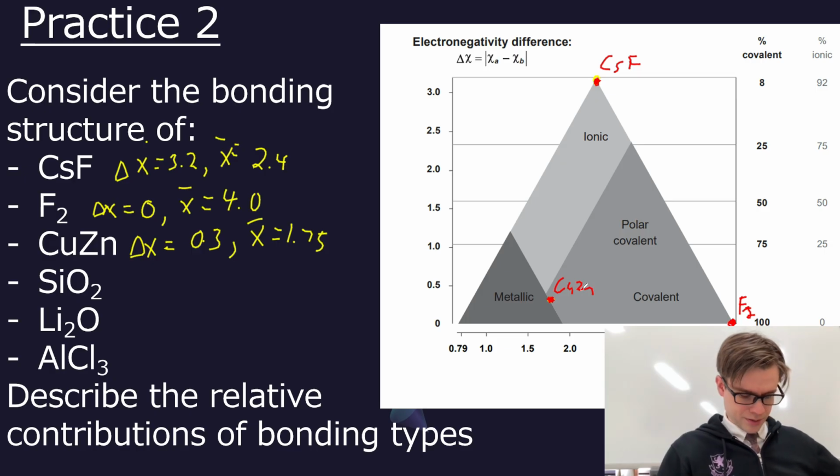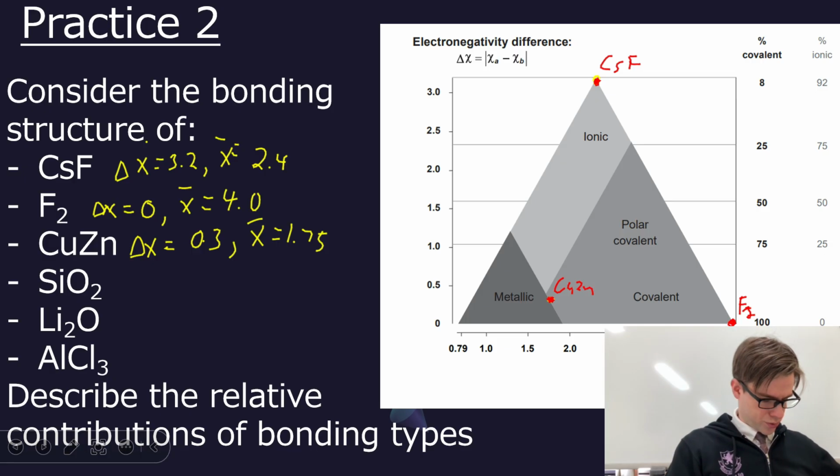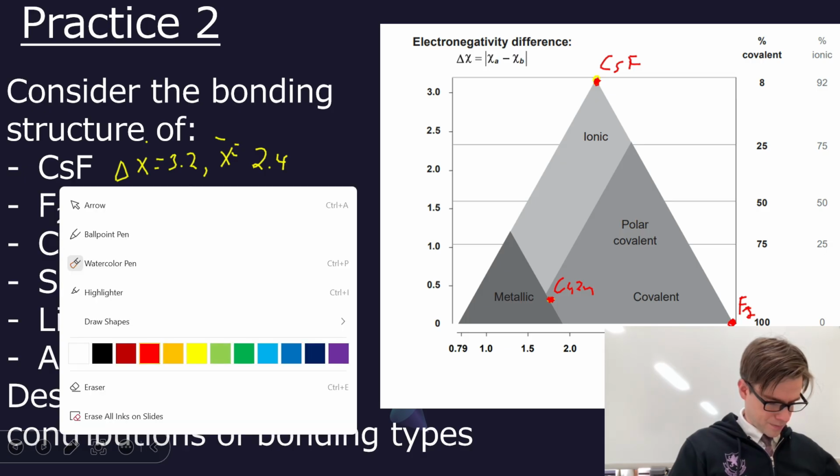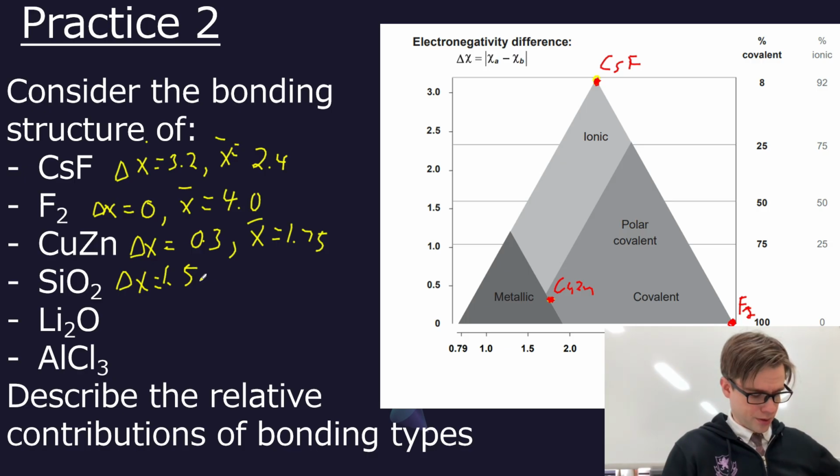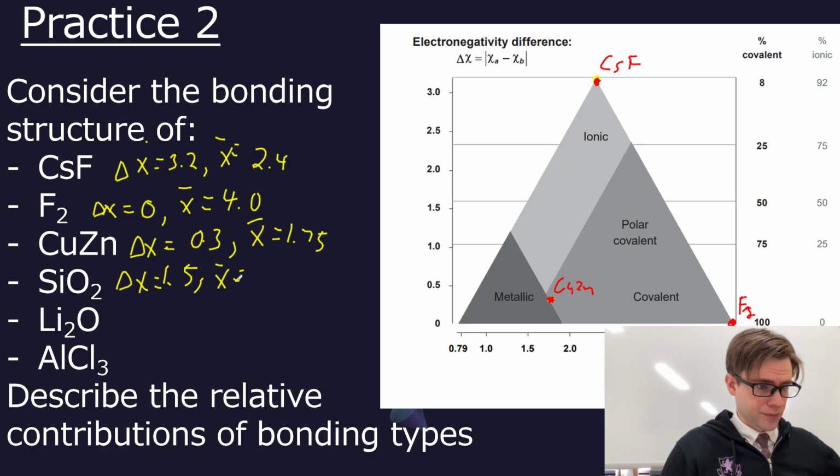Next, silicon dioxide, SiO2. Delta X is going to be 1.5. Silicon 1.9, oxygen 3.4, and then the average 2.65, I think.